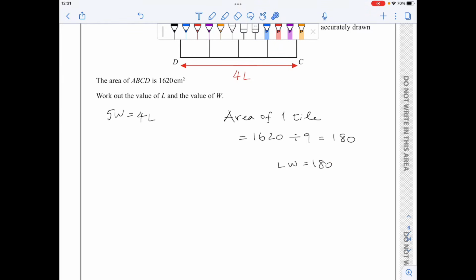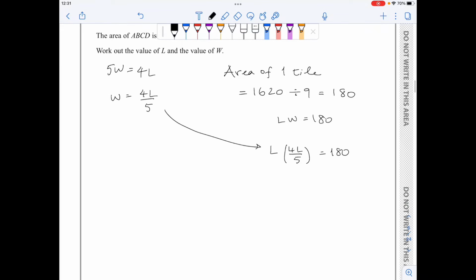I'm going to use substitution. For the first equation, I'm going to get W on its own. So that's 4L over 5. And then I will substitute this into the second equation. So L times 4L over 5 is equal to 180. Expanding will give me 4L squared over 5 is equal to 180.